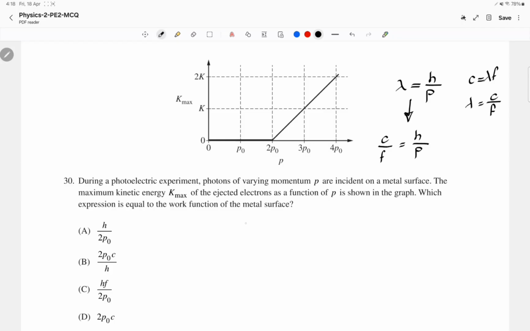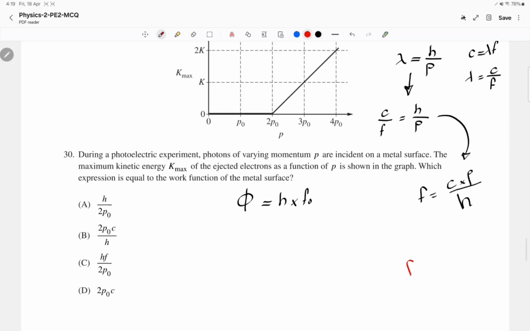Now the work function is equal to h times the threshold frequency. So here, the frequency expression is equal to c times momentum over h. And if we're looking at the threshold frequency, we must be talking about the first point when the electron starts to leave, which happens at 2p0. So come here and replace the f0 with c times 2p0 over h.